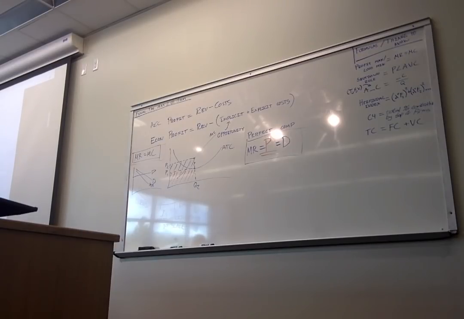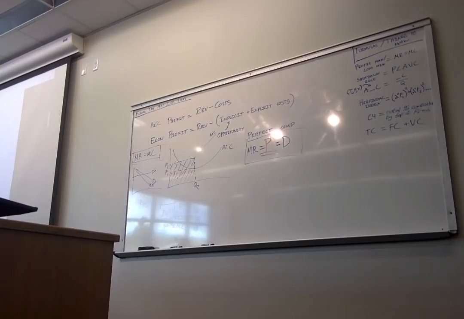And then we always look at the difference between that point and the ATC. If it was above, it'd be a profit, right? But since it's below, like he said, it's a loss. So that area right there is our loss. If it was up here, that would be a profit. But since it's below the average total cost curve, it's a loss. Does that make sense?